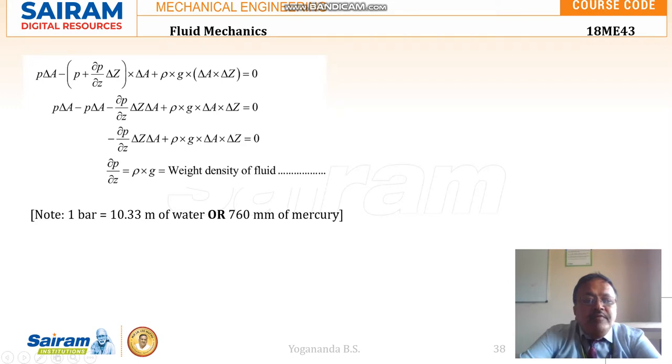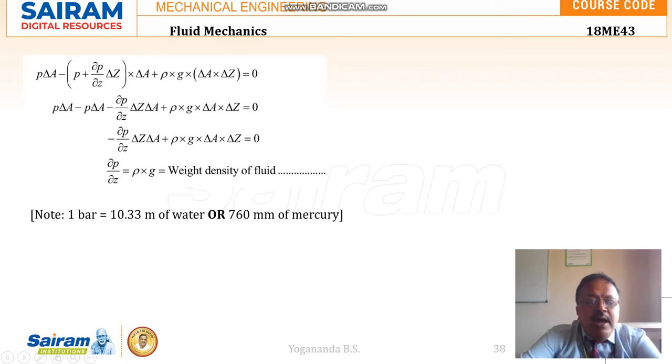The downward forces are P delta A and the weight of the fluid element, that is rho g into delta A into delta Z. These have the same sign, and the upward thrust has the other sign. Considering the upward force as minus and the downward forces as plus, we take the summation equated to 0.